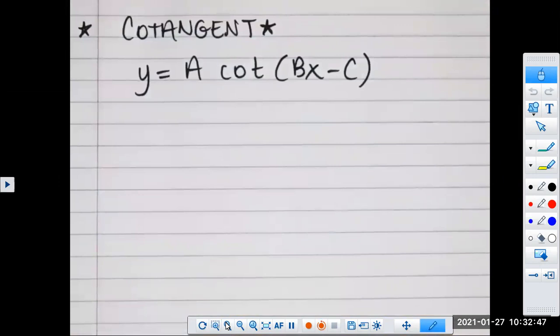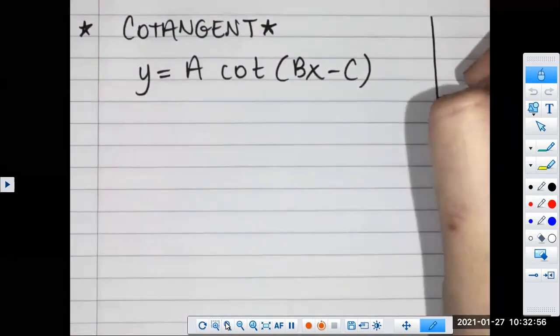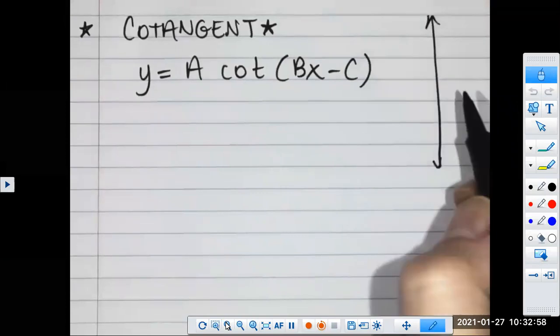All right, graphing cotangent is pretty much the same process as tangent, but it's reversed.